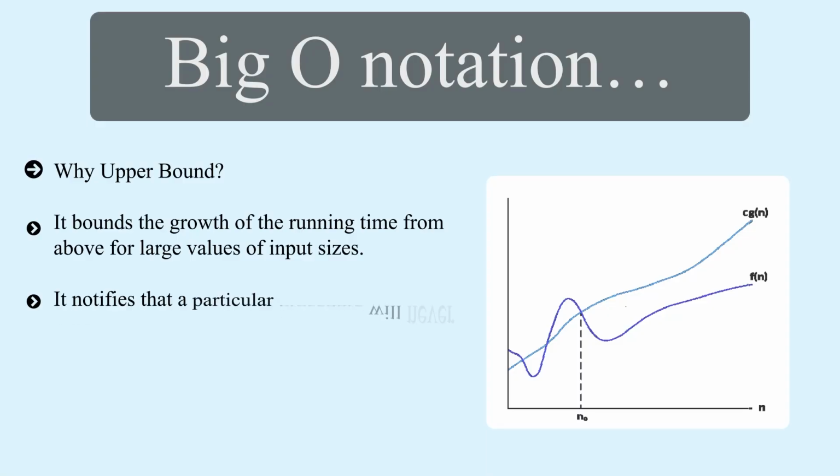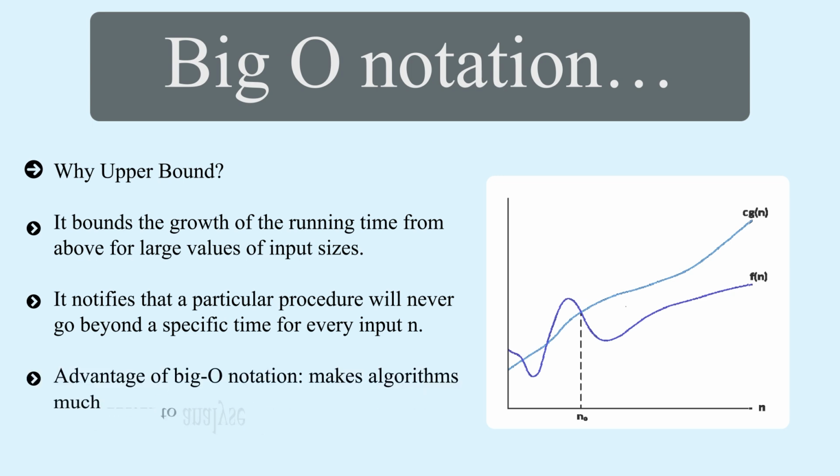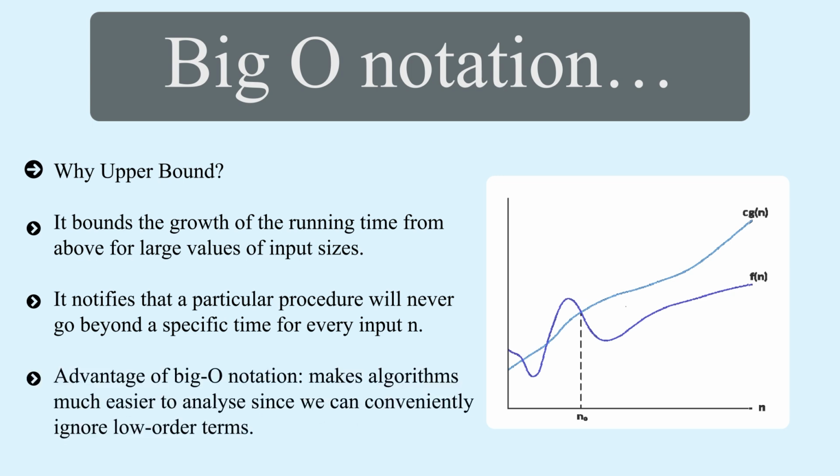It notifies that a particular procedure will never go beyond a specific time for every input n, and the advantage of big O notation is it makes the algorithm much easier to analyze, since we are conveniently ignoring the lower order terms. So we are just interested in the higher order terms. How is it defined?